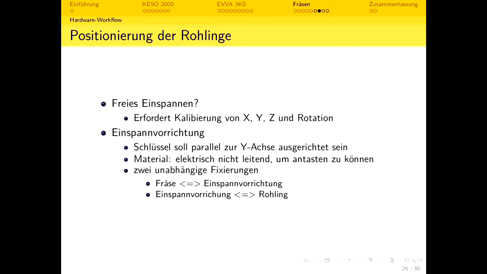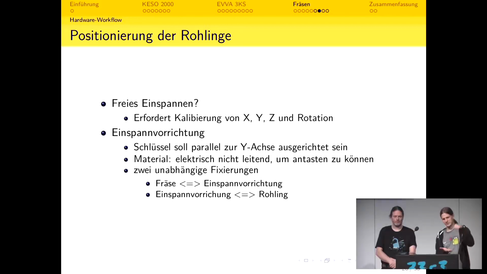So we thought, well, positioning blanks, the simplest process would have been to just create a jig. So we built a jig, with the goal of having the key positioned correctly with regard to the y-axis.